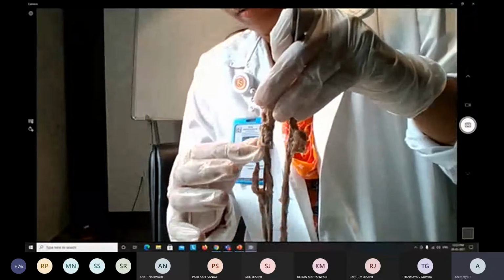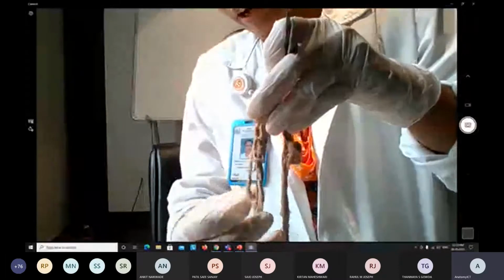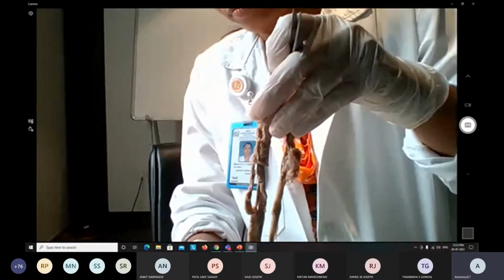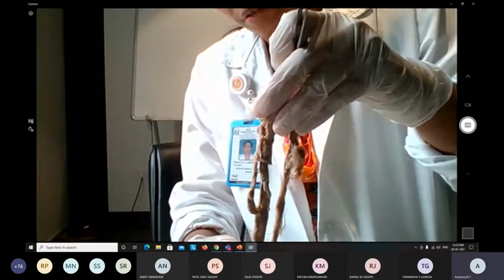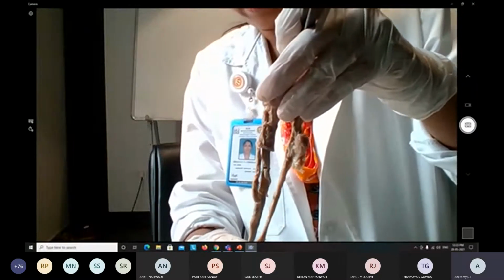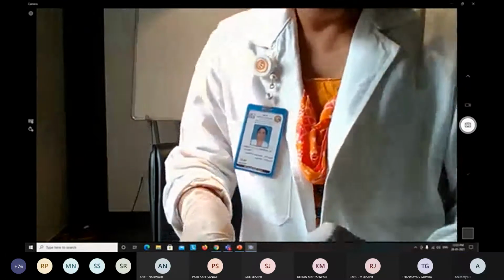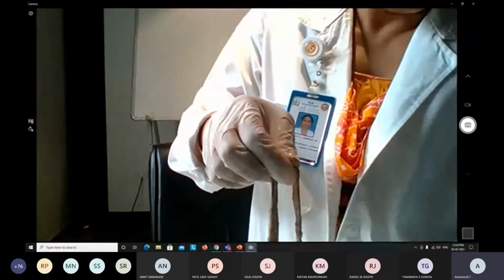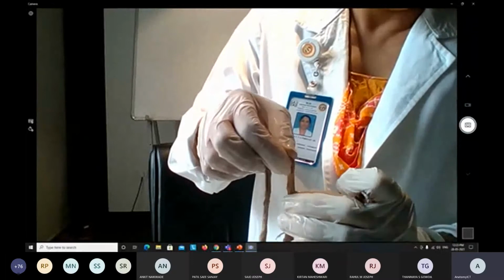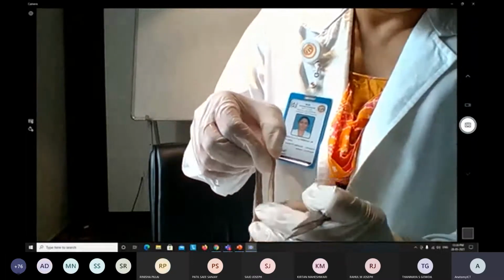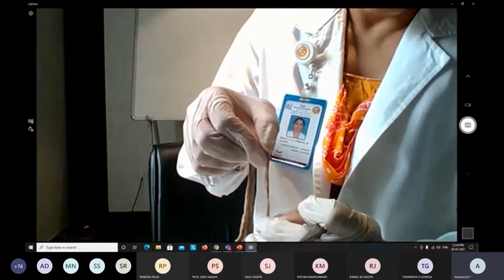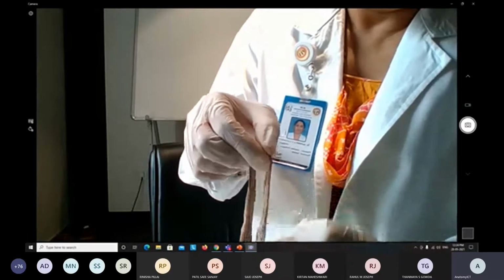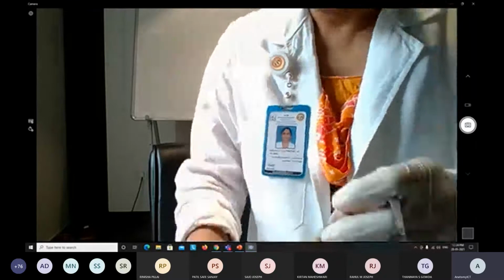Then, how to identify other structures? See, one thing we can identify here is a cord-like structure within the spermatic cord. Okay, I am feeling here a cord-like structure. Here, this cord-like structure is vas deferens. That is vas deferens. Now, can any one of you tell why it is cord-like?